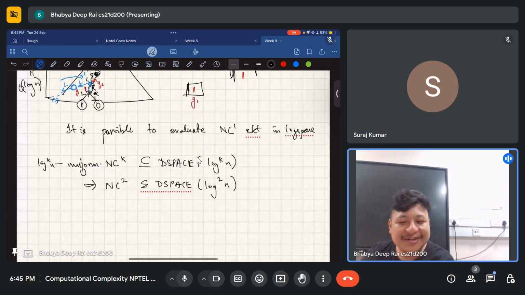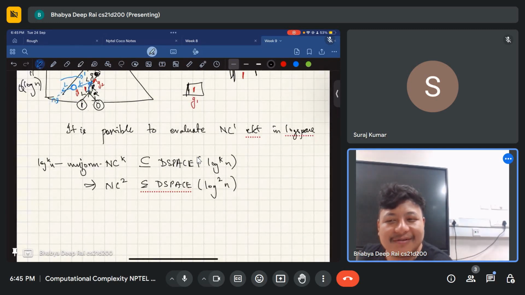Can reachability be done in log square n space? Reachability is complete for a complexity class, right? So what complexity class would that be?